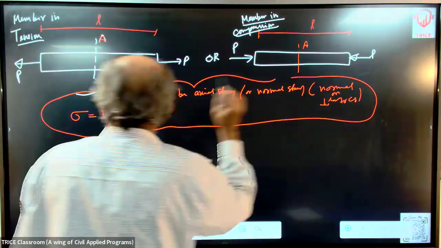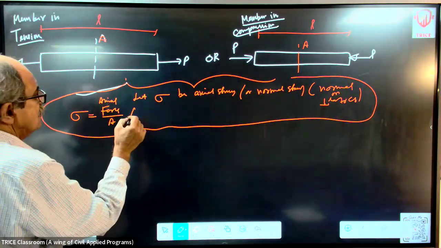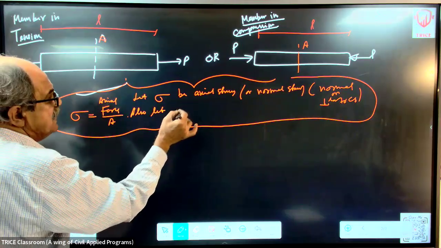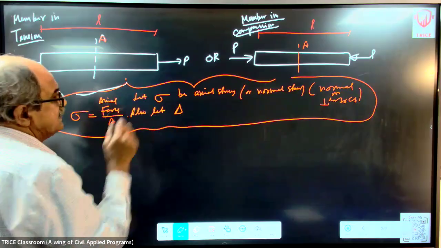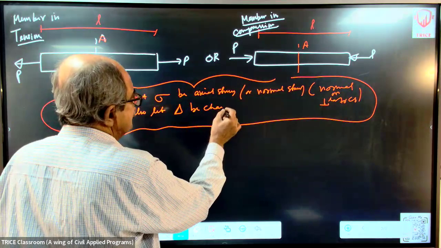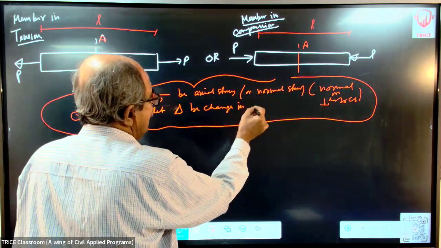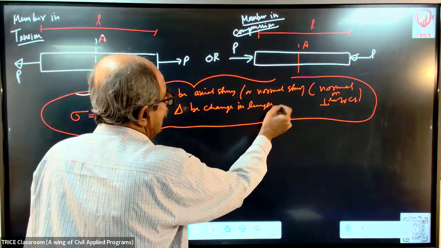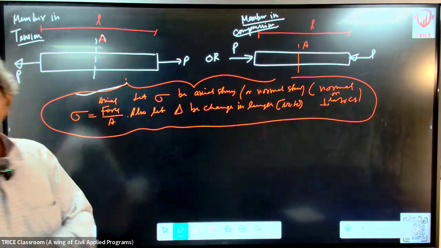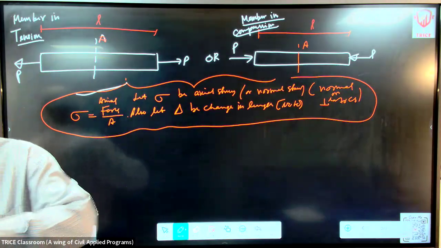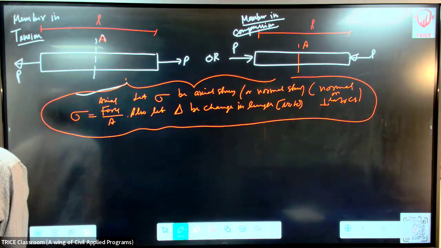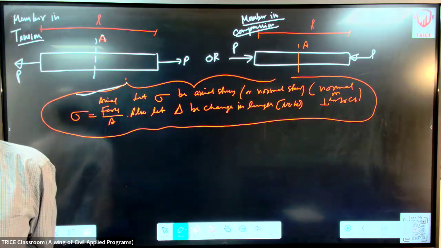Okay, now, further. Also, let delta be the change in length. Now you make a note here. I will dictate. If the member is in tension, the member will elongate or extend.